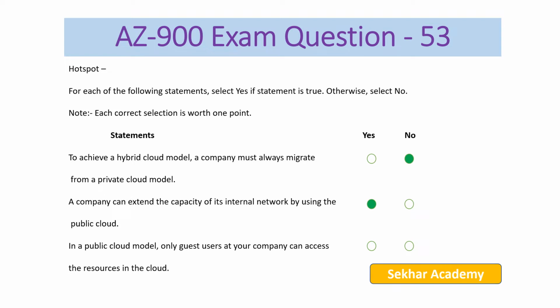During this analysis to extend the capacity of the internal network, a member of the team estimates the amount of available network capacity and required data transfer time. So the right answer is A, yes.